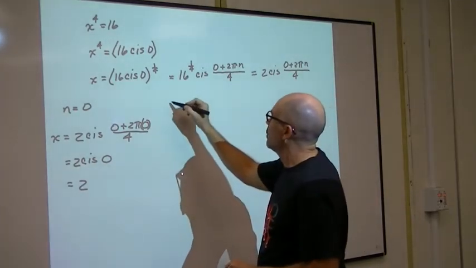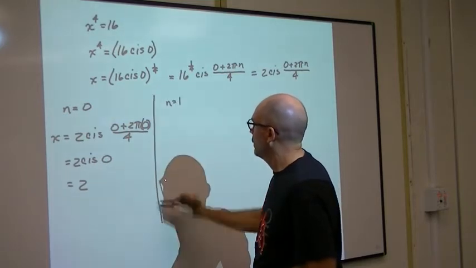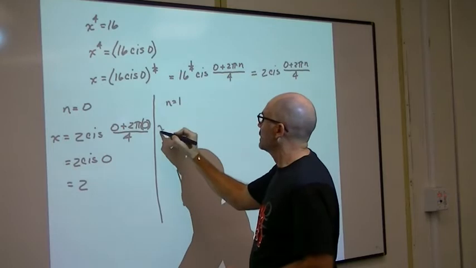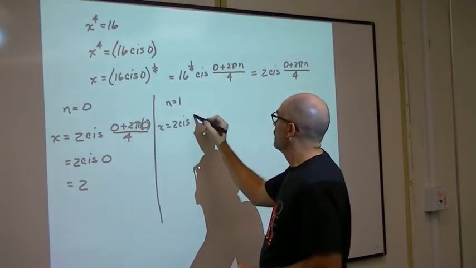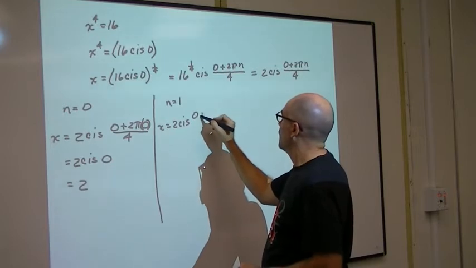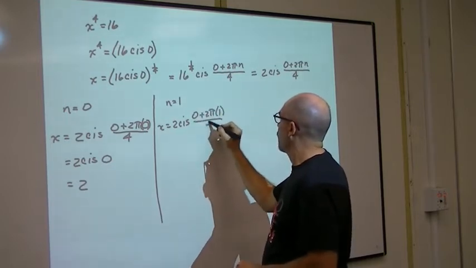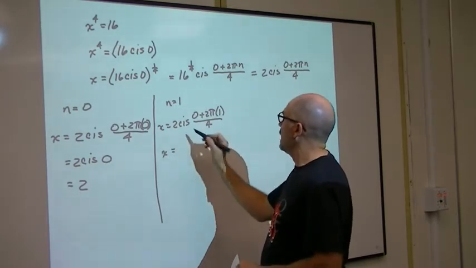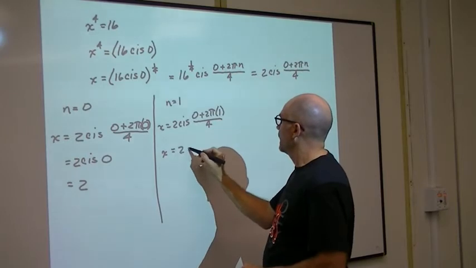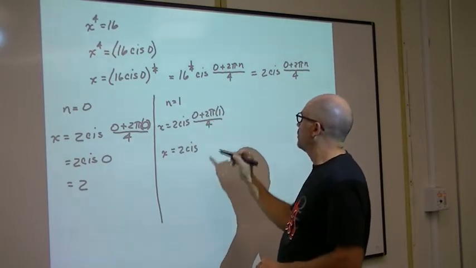next we want where n equals 1. So we have x equals 2 cis 0 plus 2 pi times 1 over 4. So that means x equals 2 cis 0 plus 2 pi over 4.